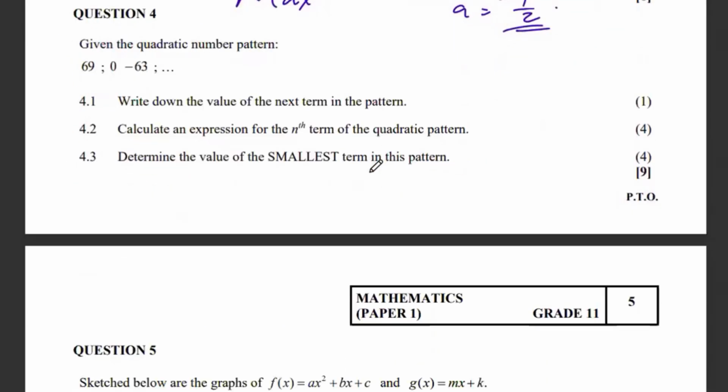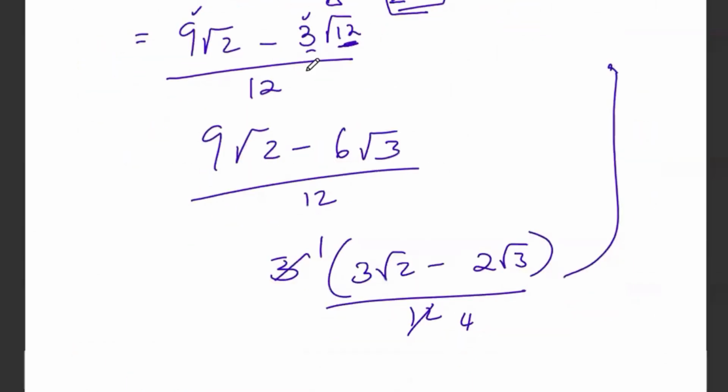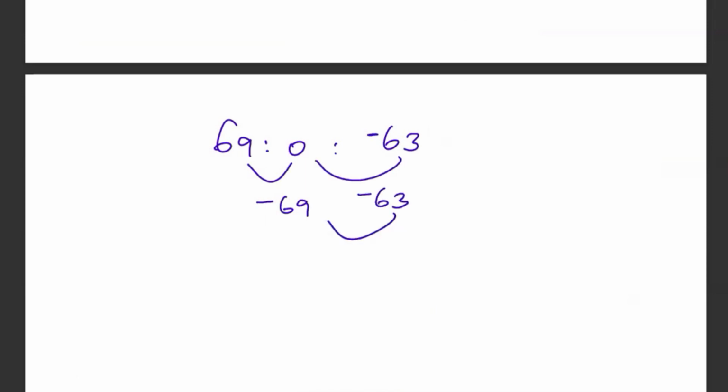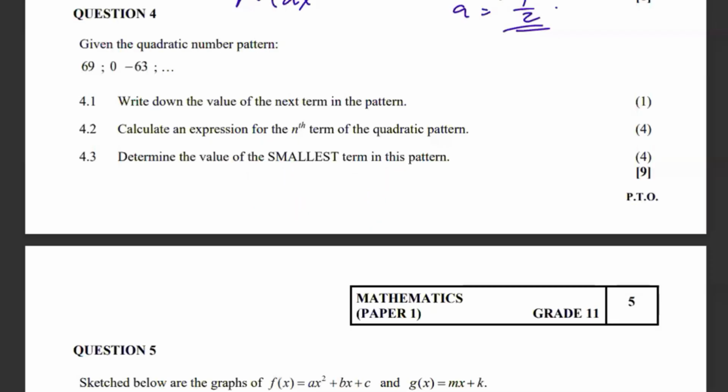All right, then question 4, given the quadratic. So we have 69, 0, and then we have negative 63. So that's going to be negative 69. This is going to be a negative 63, meaning that this is a positive 6. What do they want?